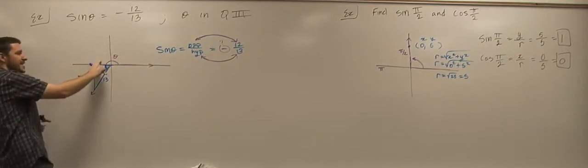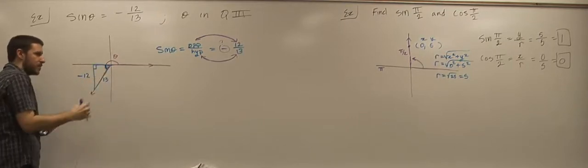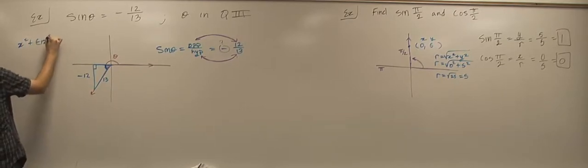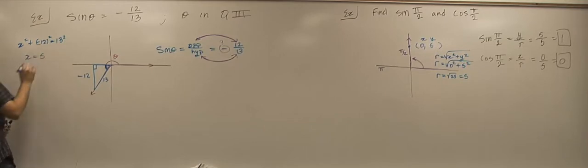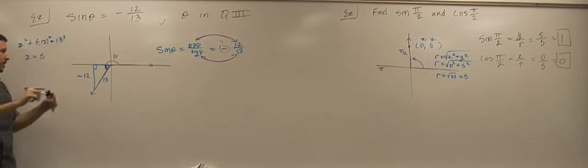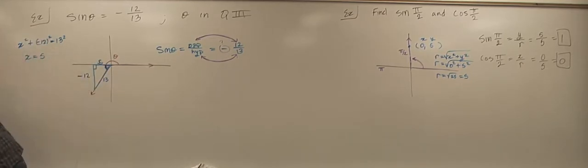So now can you find this last side? How? Pythagorean theorem, right? X squared plus negative 12 squared equals 13 squared. Do it all out, you should get x equals 5. You have to be careful with the sign here. You don't want to put positive 5 here. Why not? It's going this way. You're in the third quadrant.